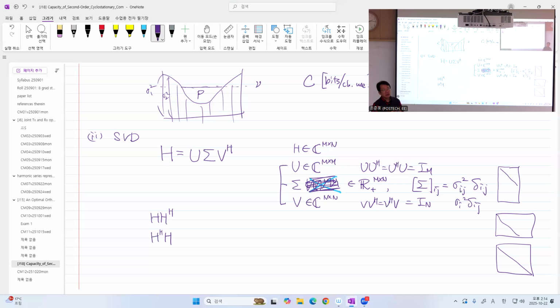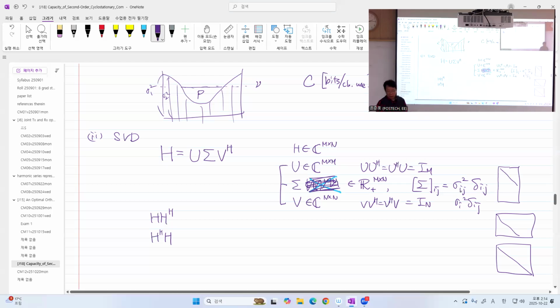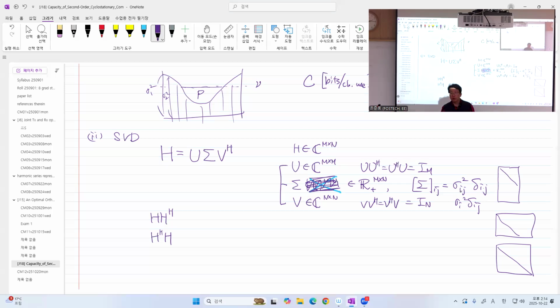And that may serve as the so-called singular values here. And you also apply the eigenvalue decomposition to each one.